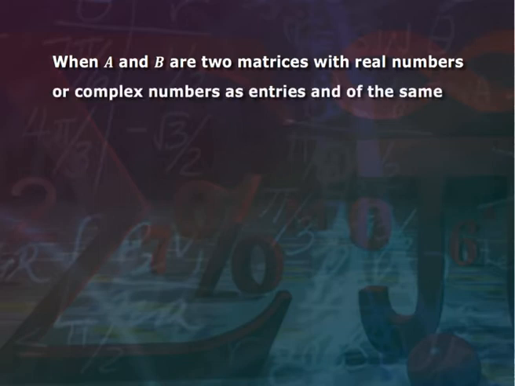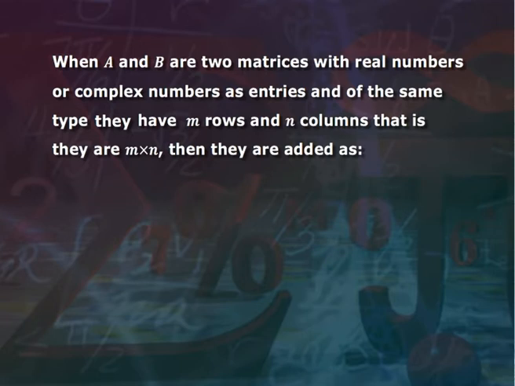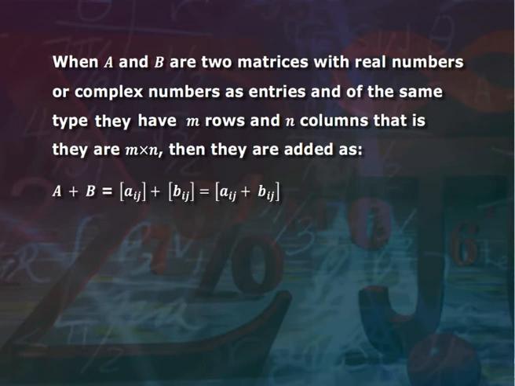When A and B are two matrices with real or complex numbers as entries and of the same type, they have m rows and n columns, that is, they are m by n. Then they are added as A plus B equals the matrix [aij plus bij].